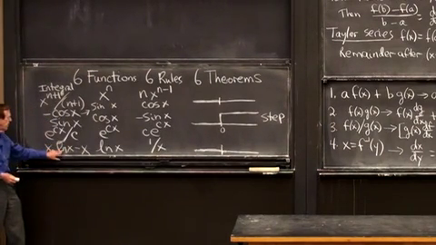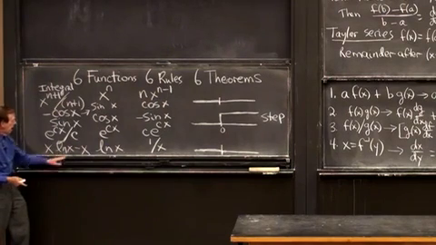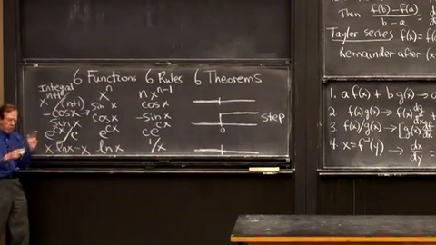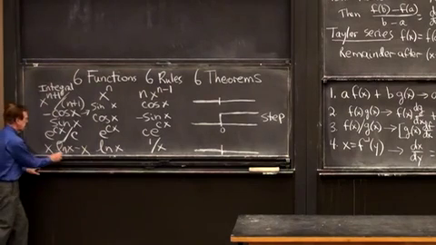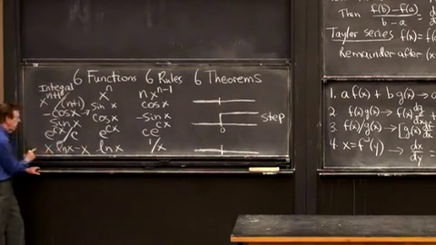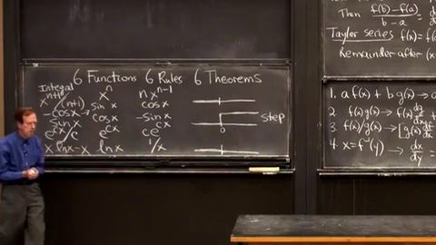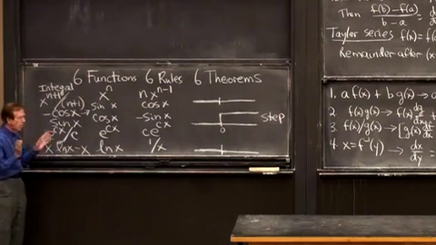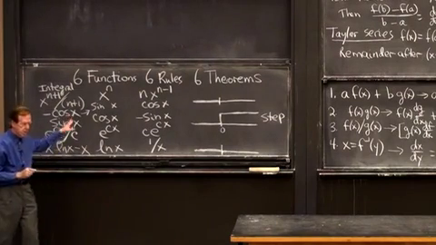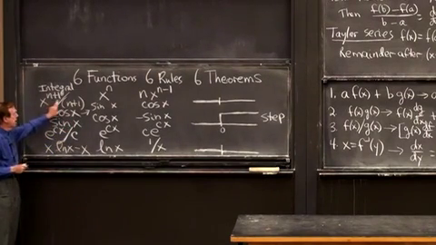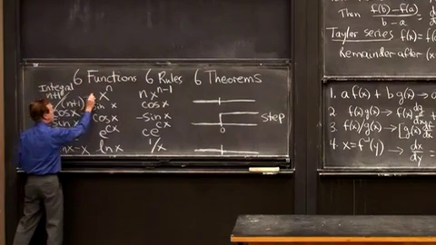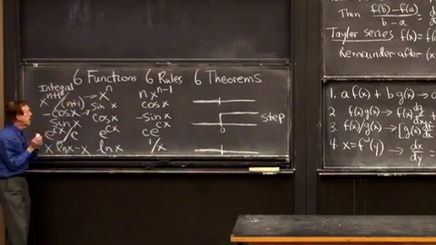X times the derivative of log x would be a 1, minus the derivative of x, which is a 1. So the 2 ones would cancel, and the product rule would leave me with log x. It works.